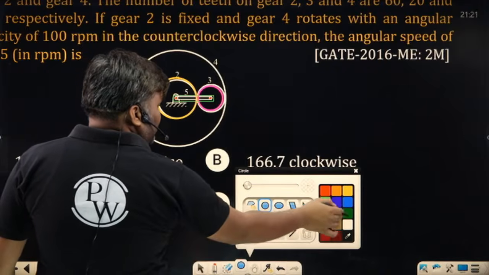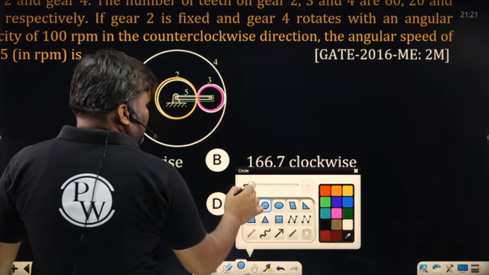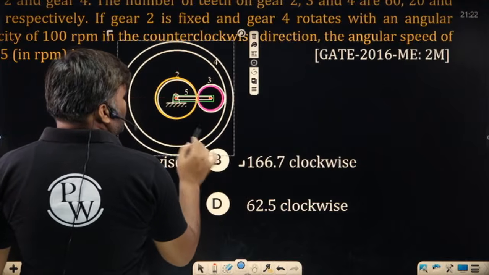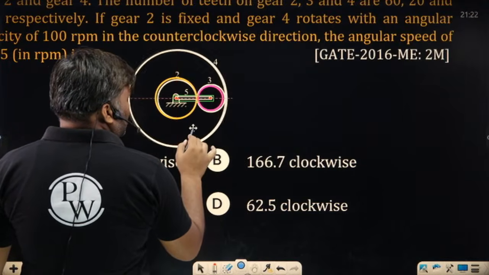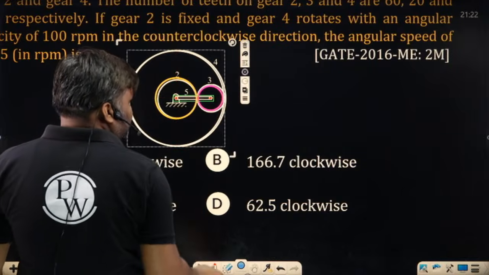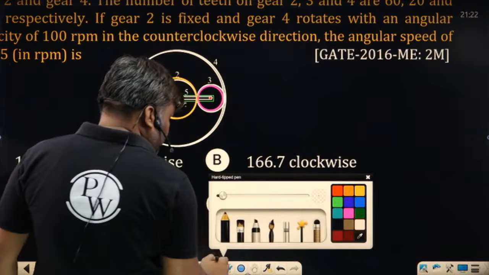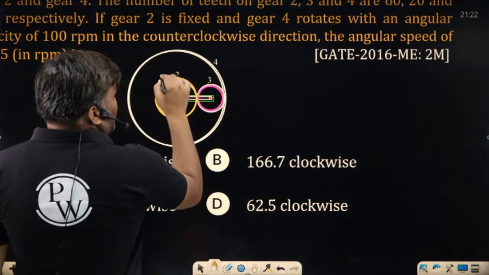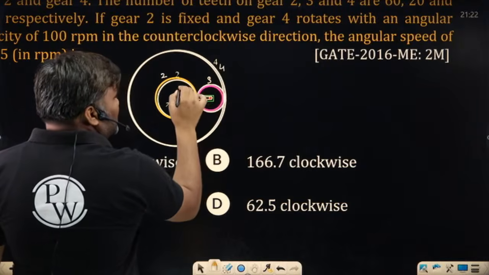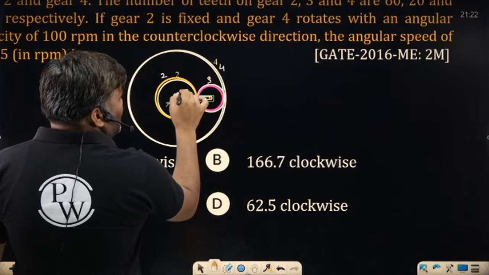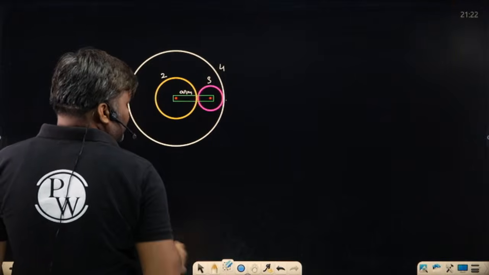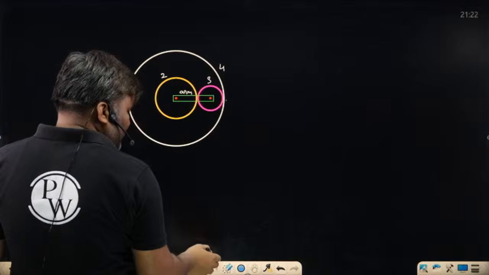And then we have an internal gear, which looks like this. This is your internal gear. This kind of situation they have given. Let me give it some names. They are calling it gear number 2. 2 is engaged with 3. 3 is engaged with 4. Arm ko they are calling as 5. So I am calling it as arm. Okay. This situation they have given.